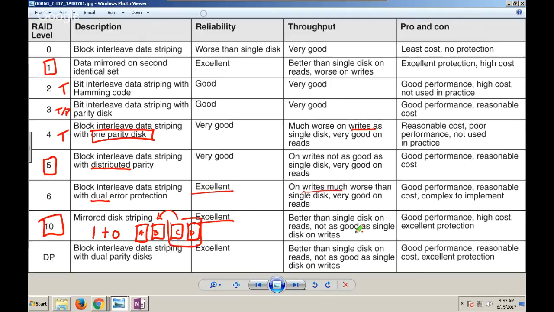No. So I could lose A and D at the same time, or A and B, or C and D at the same time, but I can't lose all of the mirrors of a stripe at the same time. If this guy fails, this guy cannot fail until the A is rebuilt. Does that make sense? Because I can't rebuild from the stripe at that point. So as long as you have 1 copy of it somewhere, the other can fail. Yes.